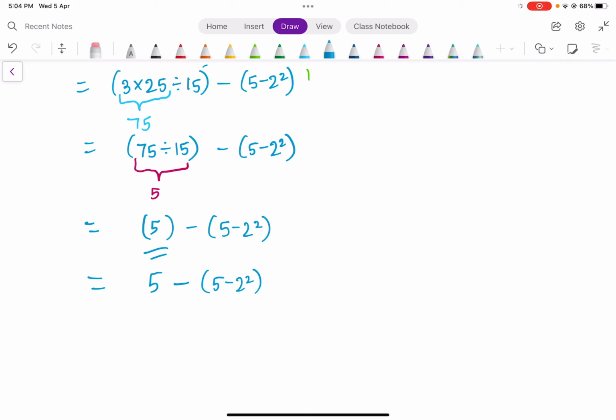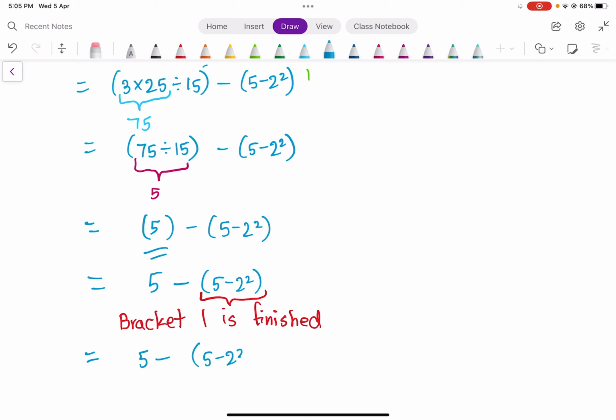Now we have finished bracket 1. Bracket 1 is gone, as you can see. But we still have bracket 2 left. So let's go ahead and finish bracket 2.